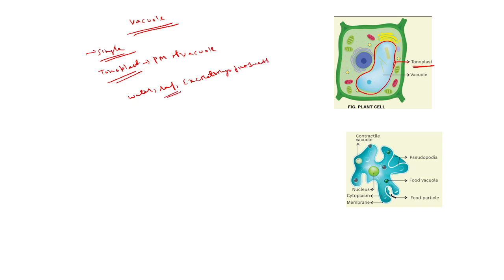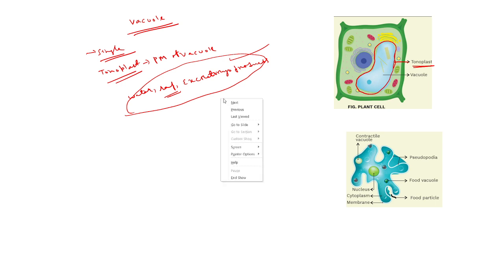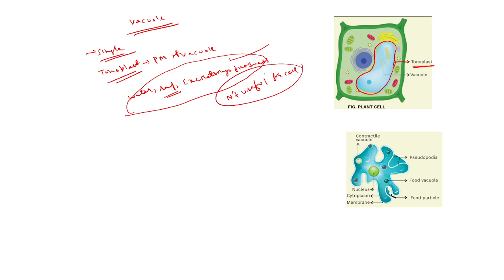Sap means simply any liquid part that is present in the plant. So the vacuole contains water, sap and excretory product, which is, interestingly, not useful for the cell.